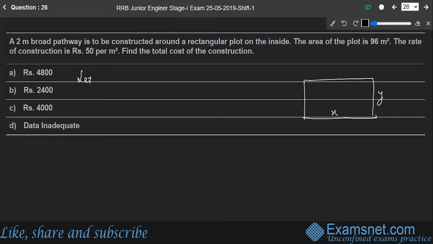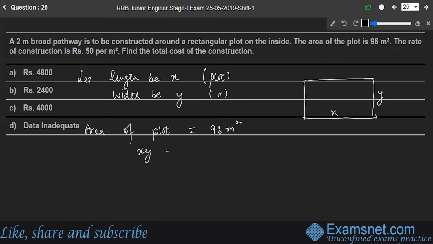So let length be x for the plot and the width be y for the plot. Now you are given that the area of plot is equal to 96 meters square. So that means x into y is equal to 96 meters square. Now further, you are told that a 2-meter broad pathway is constructed around it.